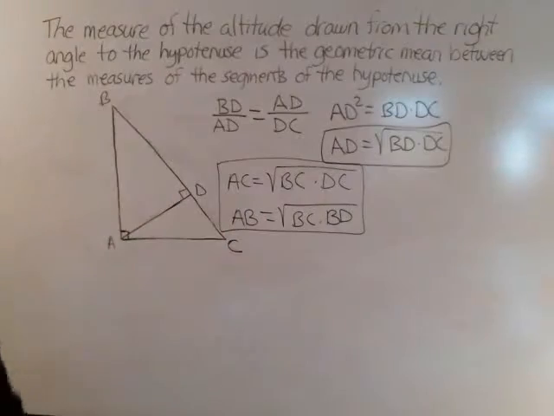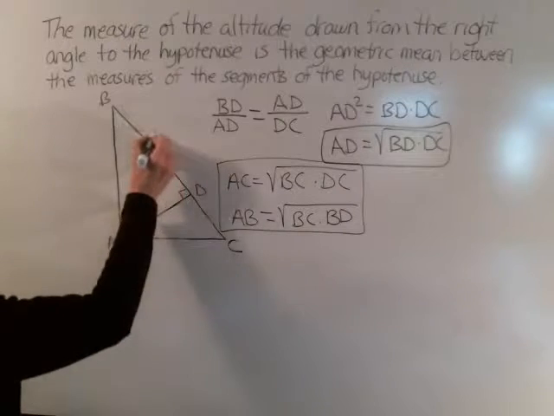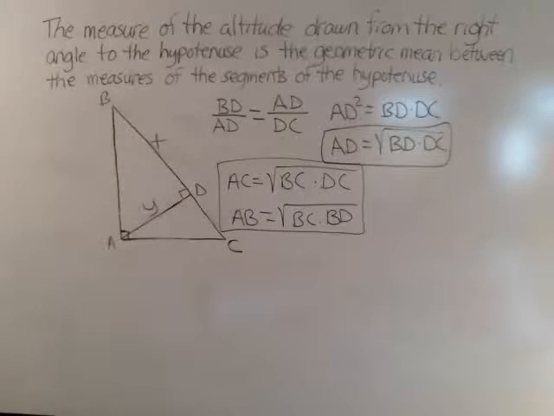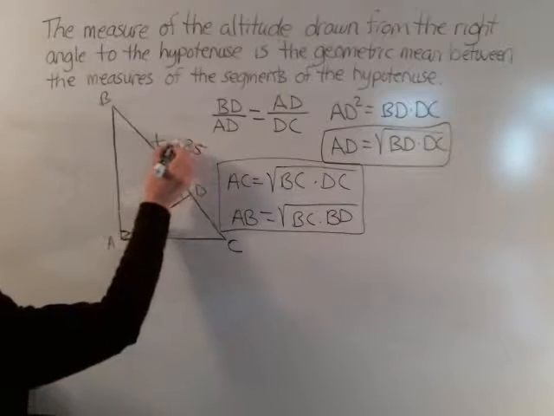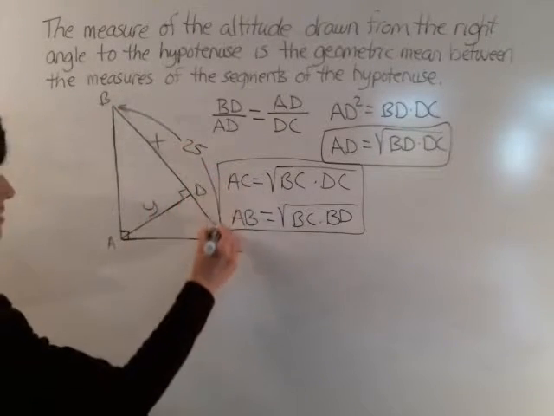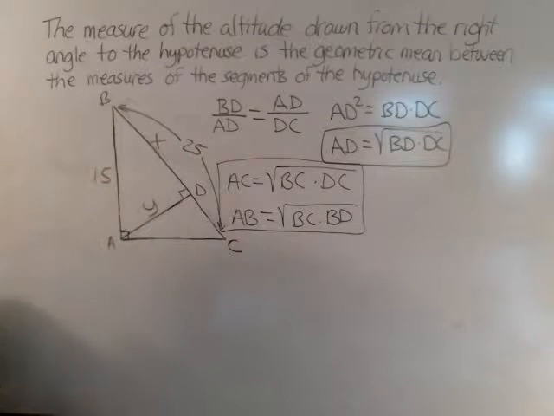All right, so let's suppose that we have the altitude labeled as Y, this labeled as X, and then the entire hypotenuse we'll say is 25 units long. And then we'll say that this leg right here is 15 units long.